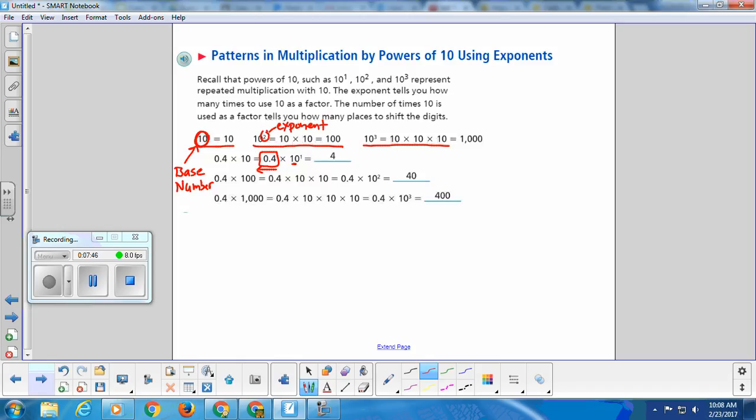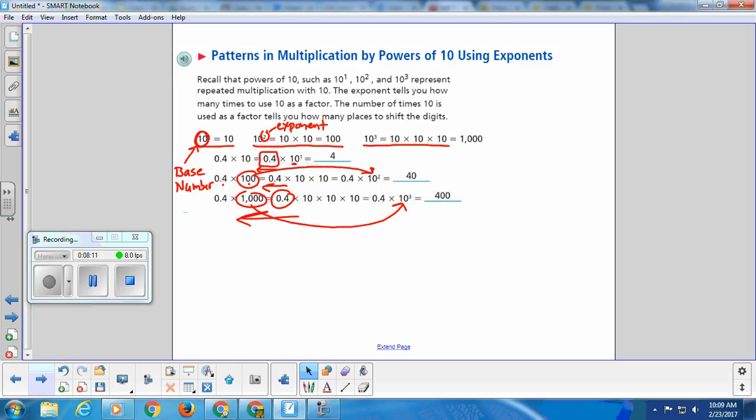Oh, my left and right are all messed up. Sorry, guys. A tenth times 100 is going to move 2 places to the left. I'm going to move this 3 places to the left.